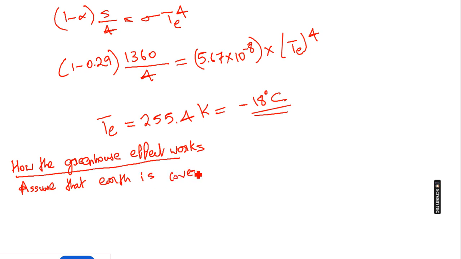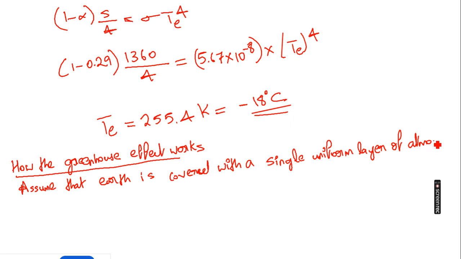Assume that the Earth is covered with a single uniform layer of atmosphere that is at a constant temperature, temperature T A.